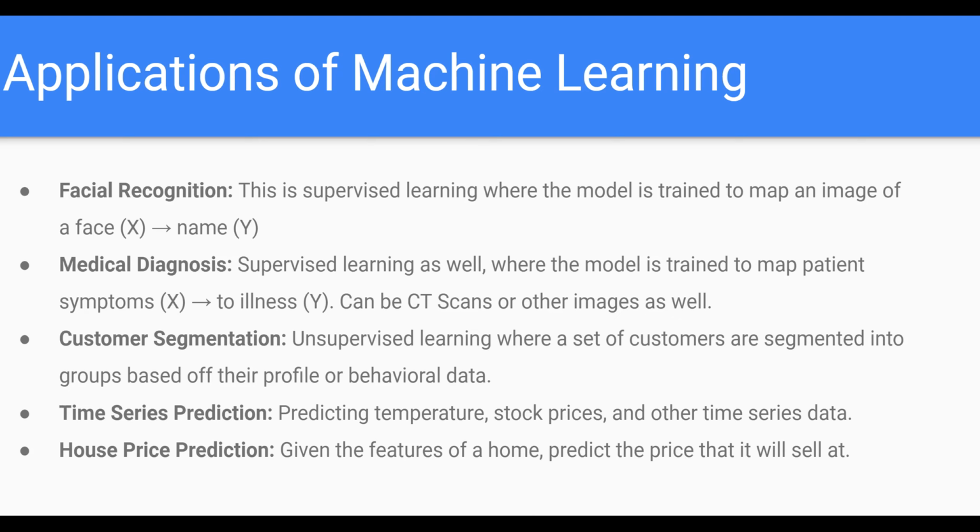So time series prediction, this is a supervised learning approach, and this is a regression problem. We talked about classification in our last example, but regression is a huge part of supervised learning. So is classification. For time series prediction, you think of predicting the temperature outside in a particular area, stock price prediction, and other time series. You could be predicting the blood sugar of a diabetic patient over some time.